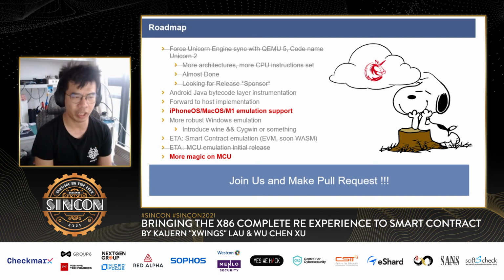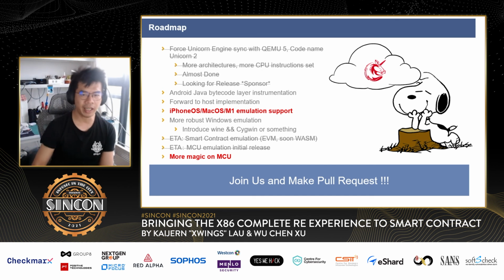We got a bit of achievement, but the code is still rather ugly. We still haven't decided whether we should add it into the core of Qiling or not. We are cleaning up iPhone OS and macOS M1 emulation support. This should be rather quick. I do think we should be able to finish before Q4 of 2021.